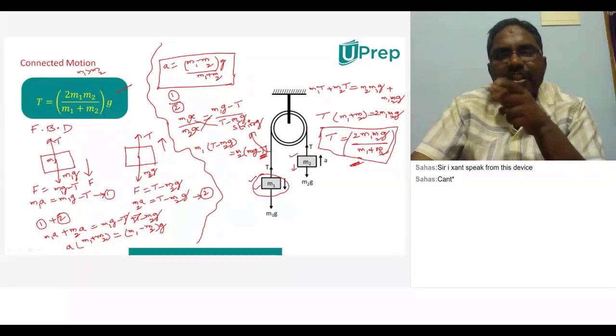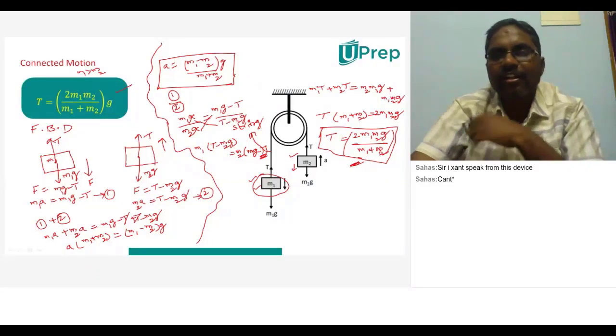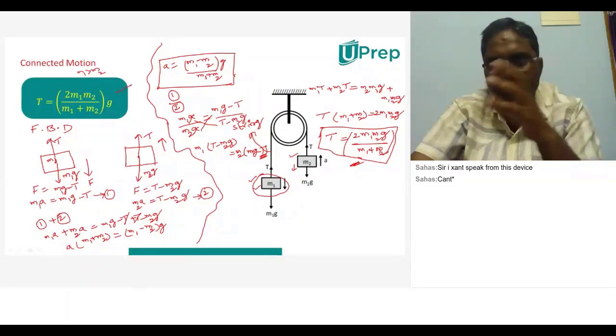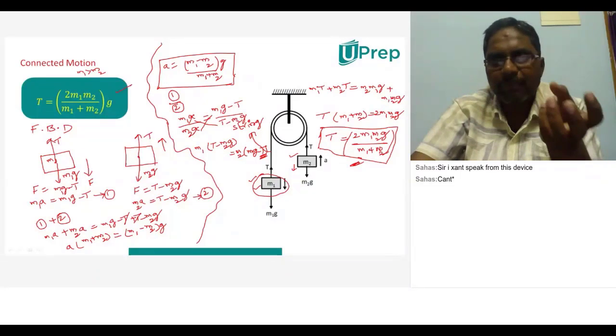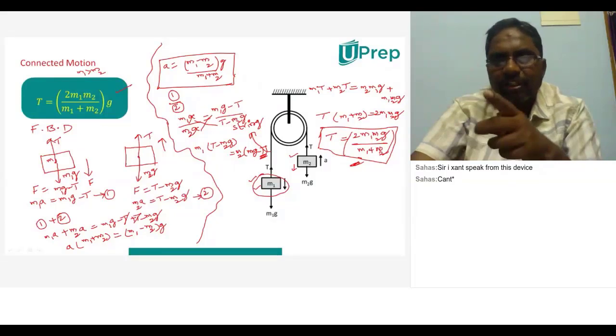Now observe carefully. For acceleration, (M1 minus M2) by (M1 plus M2) into g. Whereas for tension, 2M1M2g by M1 plus M2. So these equations we have to remember, and whenever connected bodies problems come, we have to use this formula to find the tension, and use the a equation to find the acceleration.